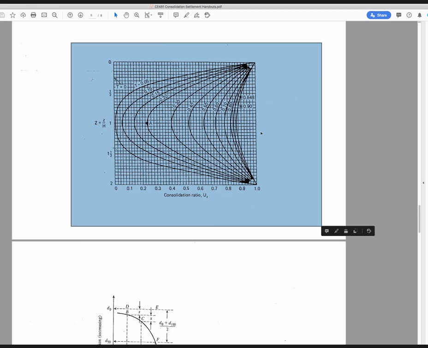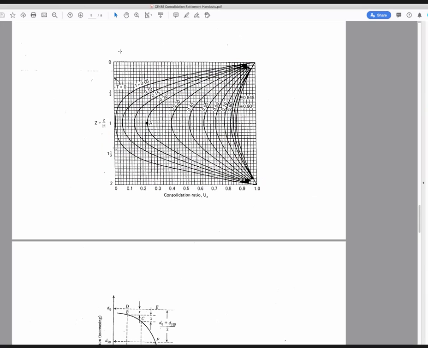We had been through this graphic last time, but this allows you to see a connection point between T values and average consolidation ratios.